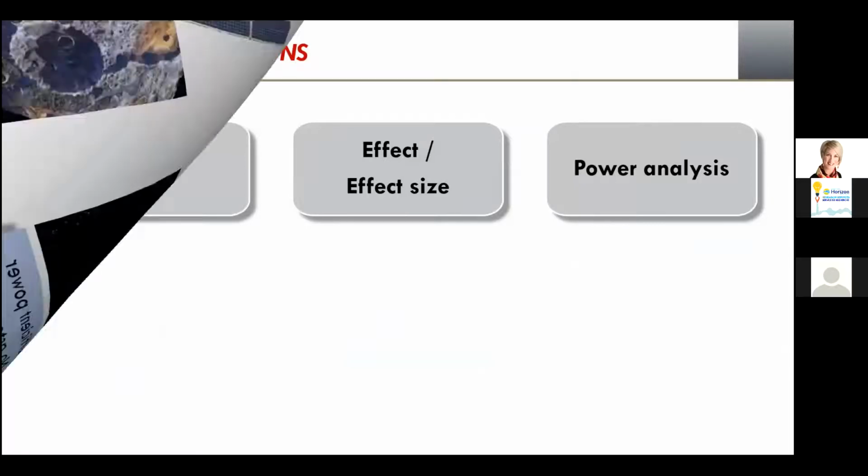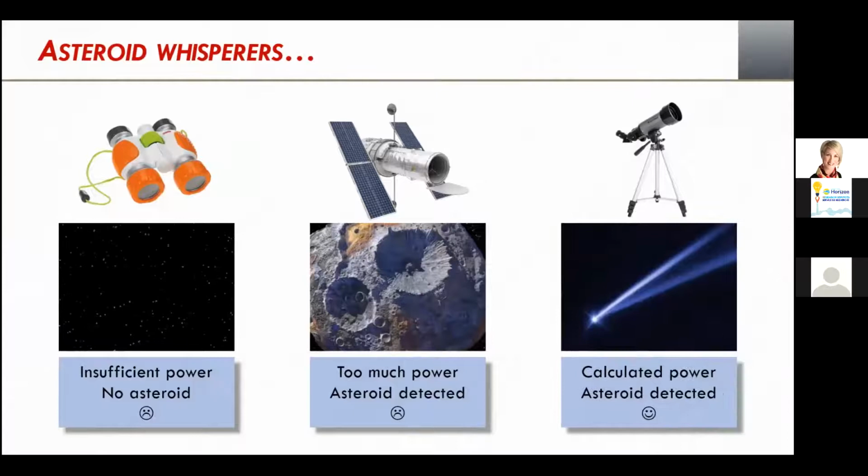But just to back up a little bit, in this example, the asteroid would technically be the effect that we are looking for within a research context, and the power of the device that we use, whether it's the Fisher-Price or the Hubble, is the sensitivity of our study within a research context.